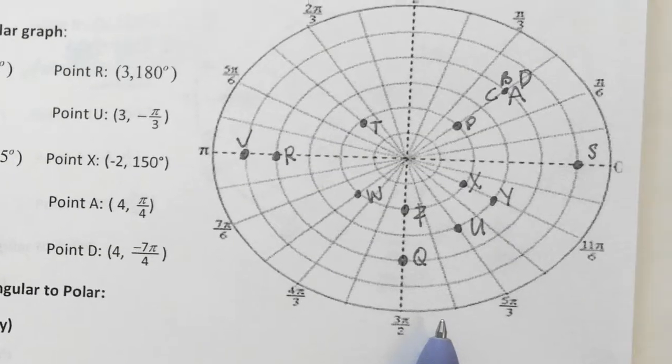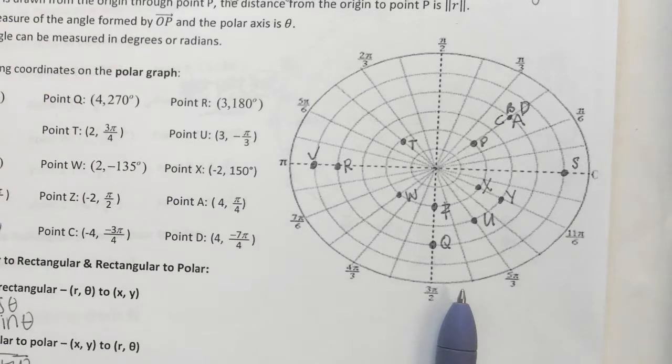Could you show C real quick? Yeah, C and B. You got C because the negative 4 and negative 3 are 4.